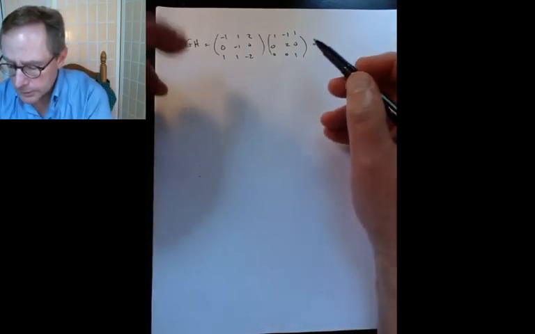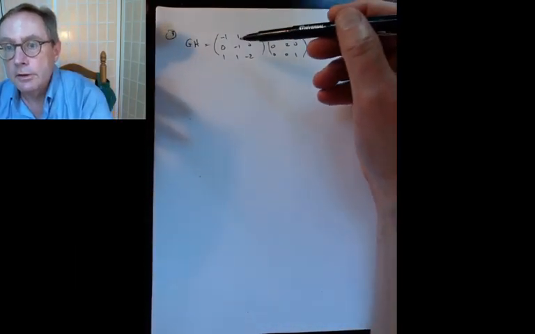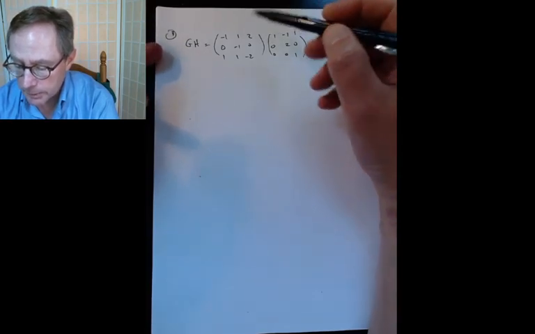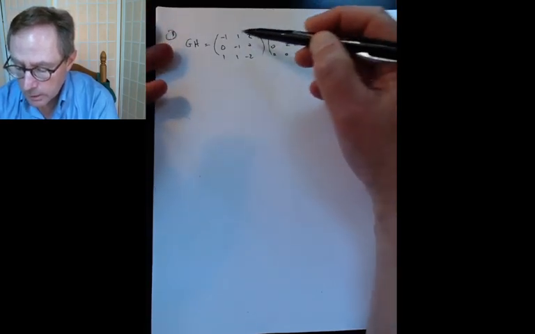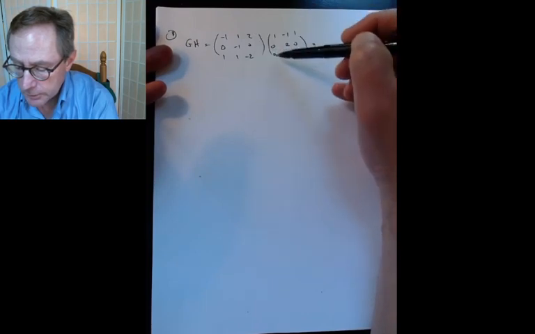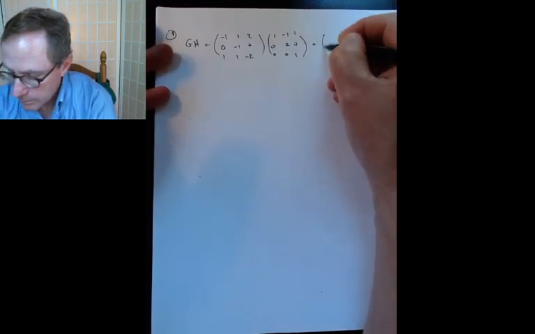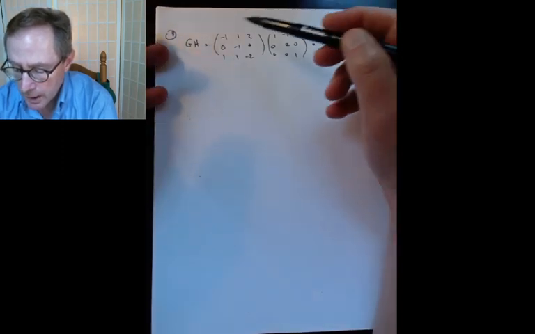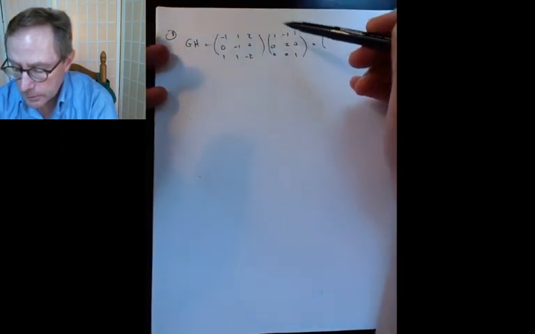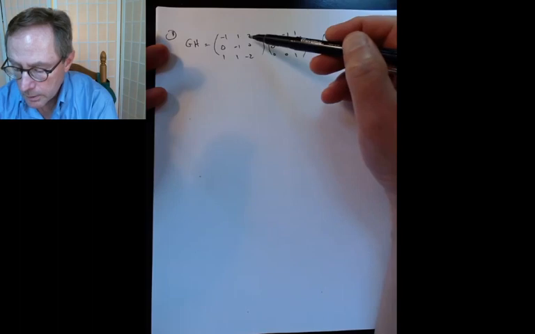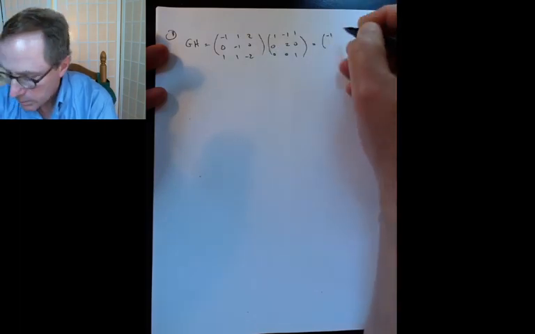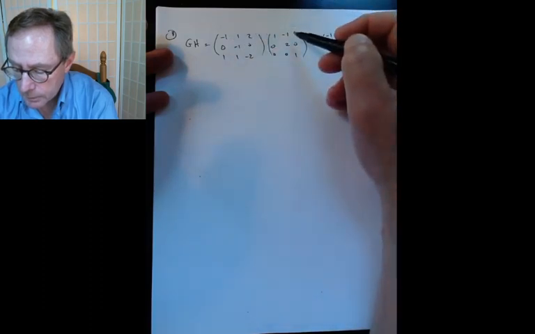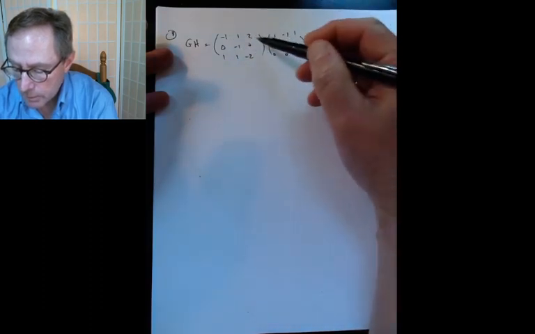Okay, so a person goes through the operations, and this is arithmetic, so I'm not going to fret about it too much. Minus 1 times 1, 1 times 0, 2 times 0. Just to go through and do the second column, minus 1 times minus 1, 1 times 2, 2 times 0. Minus 1 times 1, 1 times 0, 2 times 1.